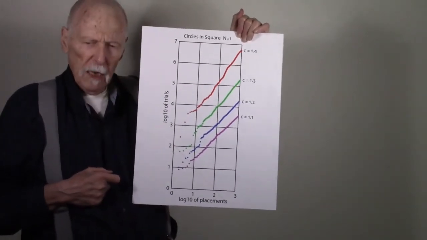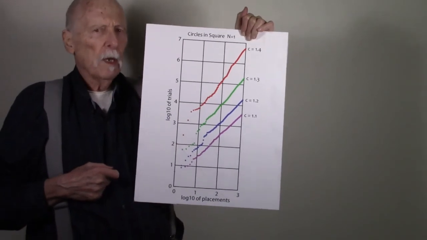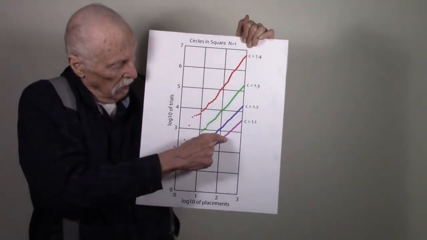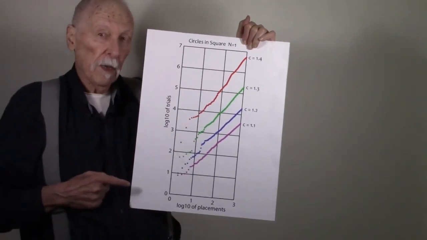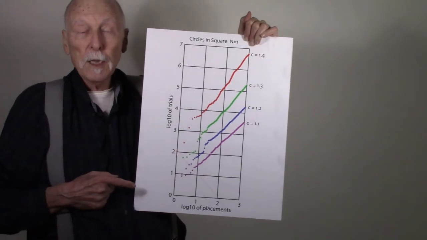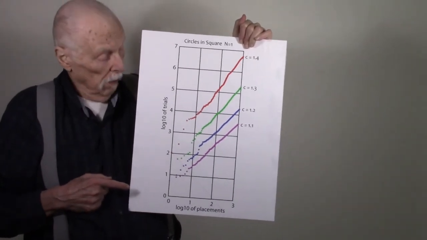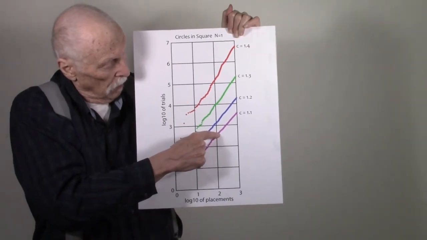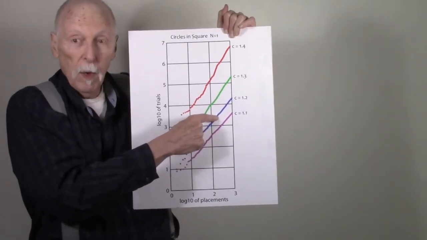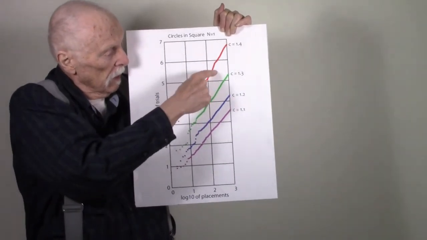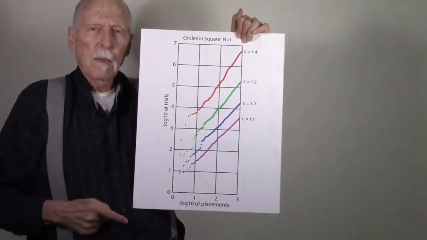An interesting fact about this, which is completely unexplained, is that on a log-log plot like this, the slope of this curve is the exponent of a positive power law. This one has a positive power law exponent right about 1.1, right about 1.2 here, right about 1.3 here, right about 1.4 here.